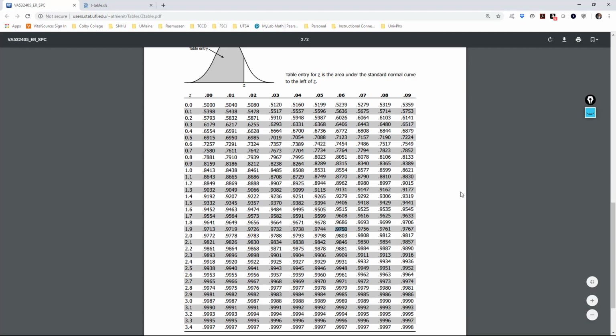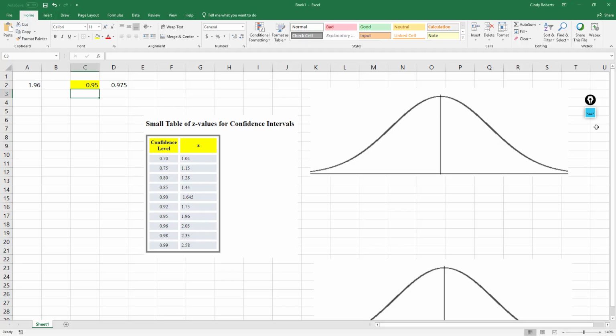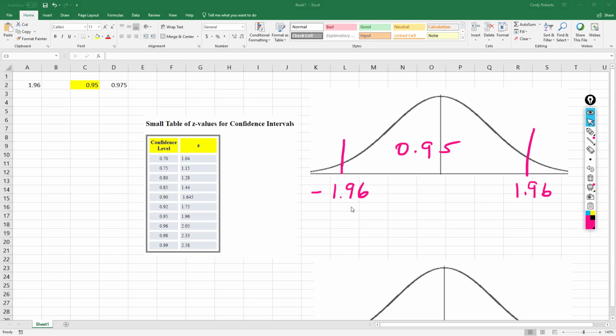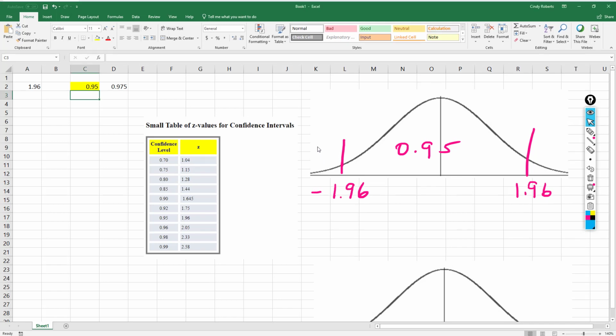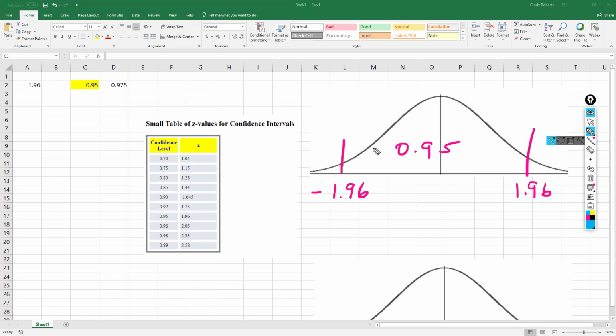This is why a lot of times students, when they first learn this, will look up this lower area because it's a little easier, right? If you look up this area right here, we already said that's this. You just have to remember that you're doing the plus and minus, so you have to be careful when you're reading these.